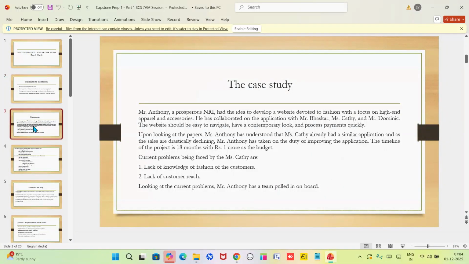Coming to the case study, it is about Mr. Anthony. He had an idea to develop a website devoted to fashion with a focus on high-end apparel and accessories. For that he is going to collaborate with Mr. Bhaskar, Miss Kathy, and Mr. Dominic.